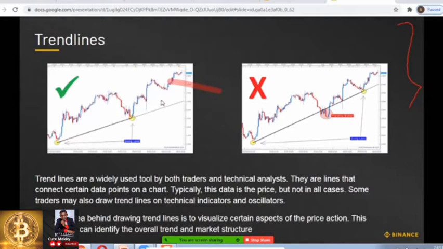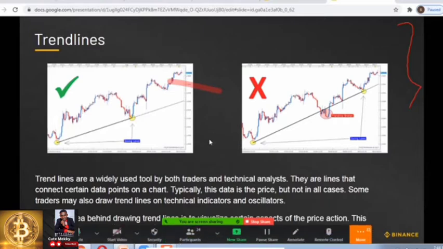Now, trend lines. Trend lines are used to predict patterns or the behavior of a particular market. So I can use that to tell where price will move to and how you will take your decision when price approaches your trend line.